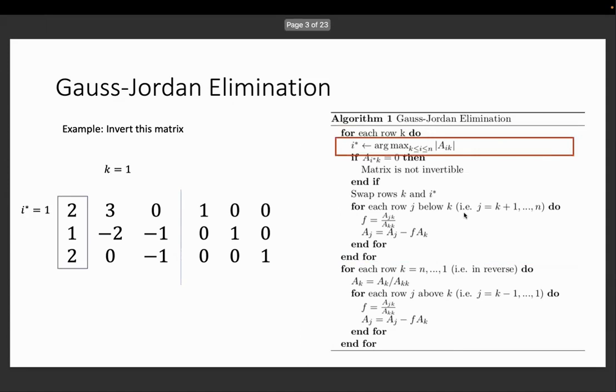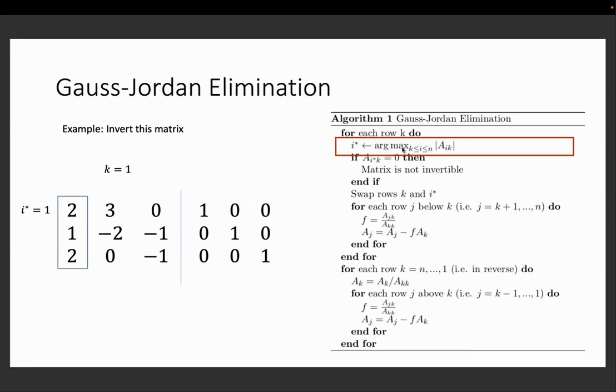You know that in Python, the index of the matrix is 0-based, but here I just start the index from 1 to make it more clear. So for example, here, k is equal to 1.